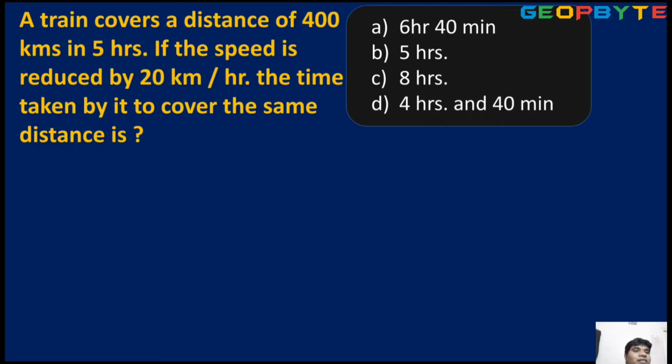Next. A train covers a distance of 400 kilometers in 5 hours. If the speed is reduced by 20 km per hour, find the time taken to cover the same distance. The original speed is 400 by 5, which is 80 km per hour. The speed is reduced by 20, so the speed now is 80 minus 20, that is 60.